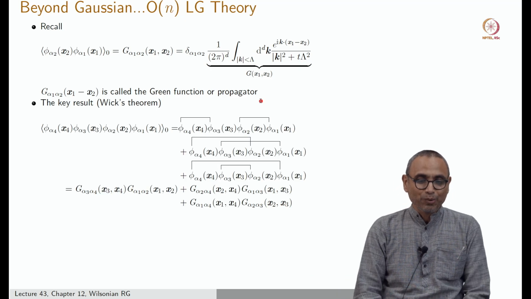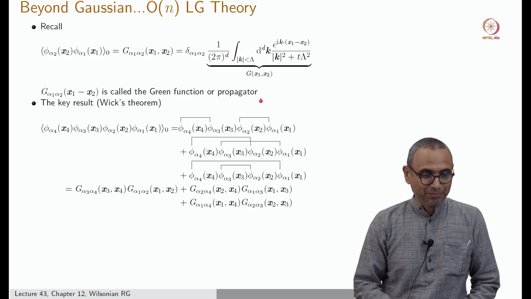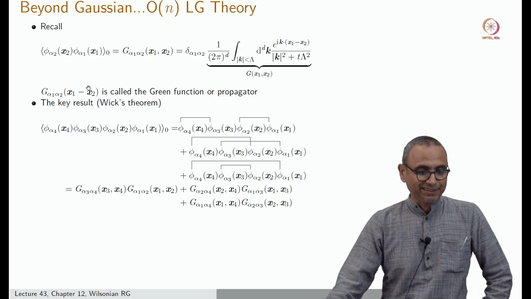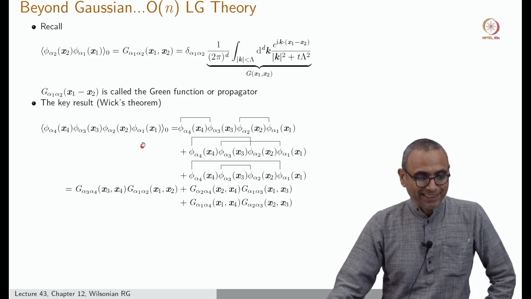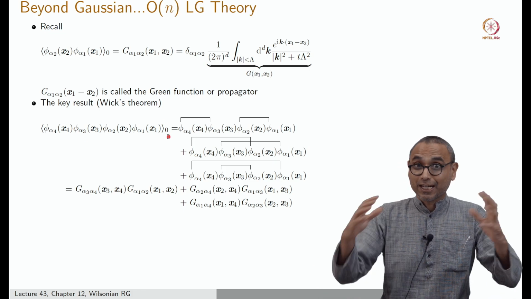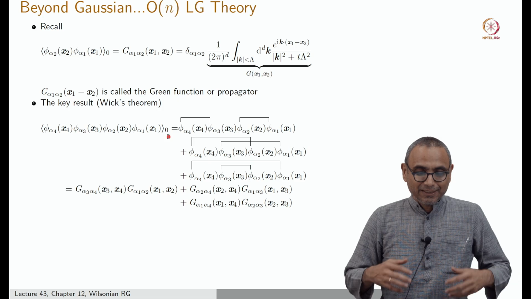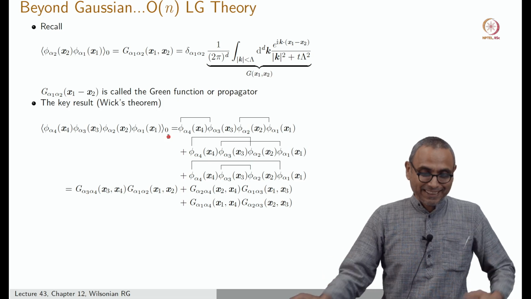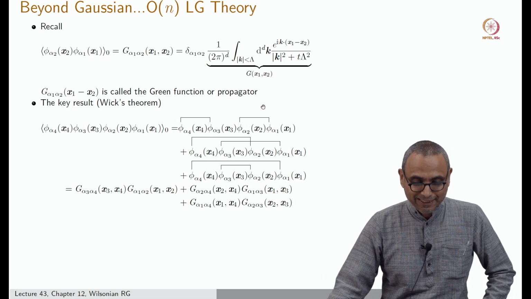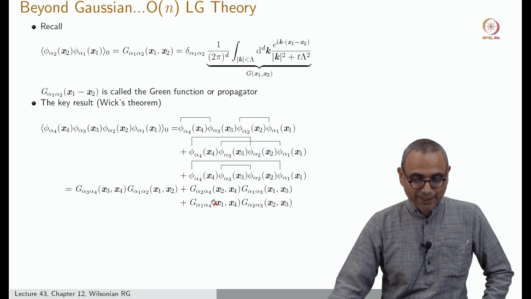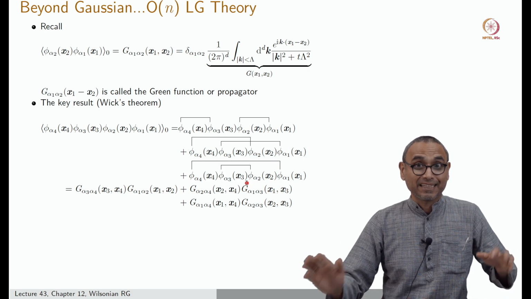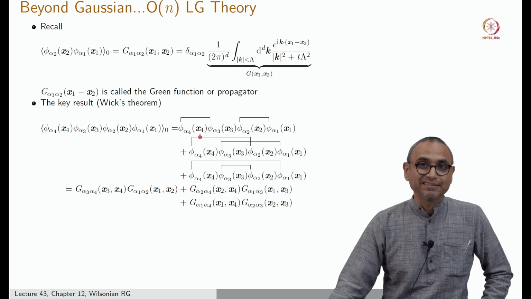Okay, now we are ready to do some more complicated calculations. So what if I have 4 such terms? I have 4 fields and I want the expectation value in the Gaussian ensemble. So what's the rule? Just Wick's theorem. So what you do is this contraction, this contraction, and the other contractions. There are 3 of them because there are 4 fields.